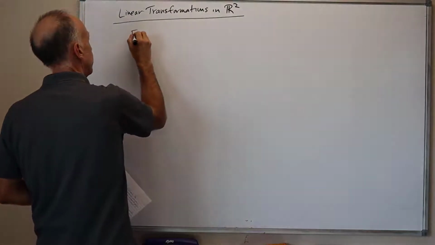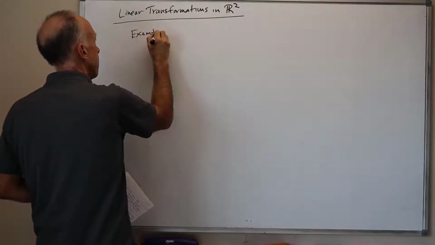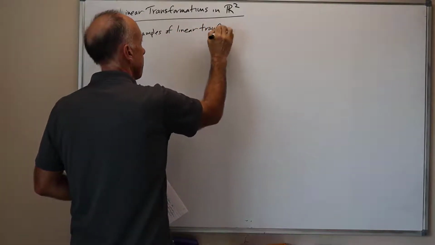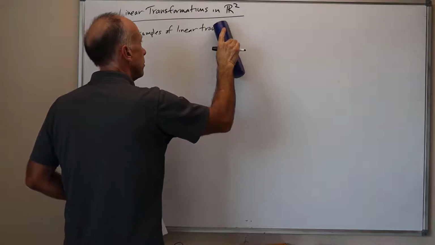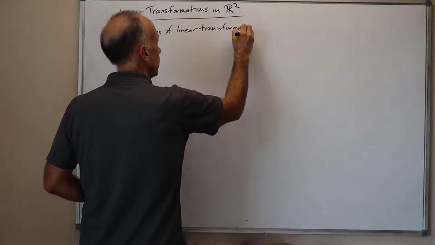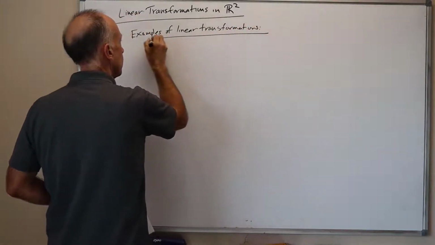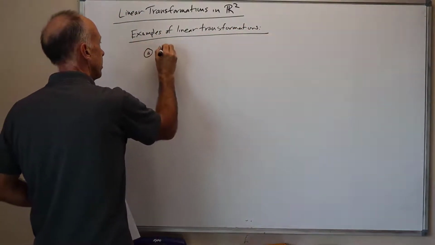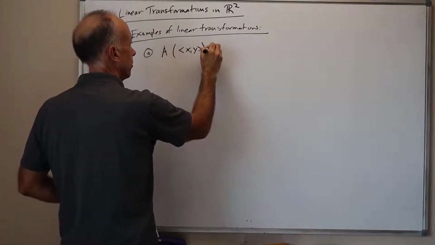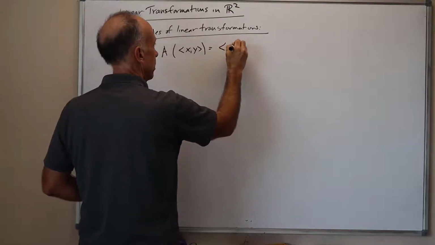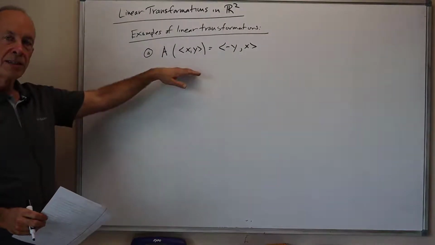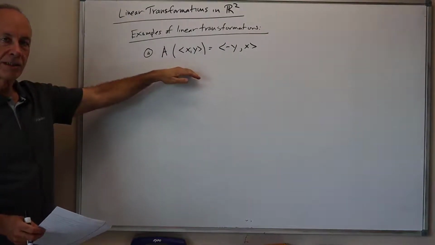So for examples of linear transformations, the first one is, let's let A map a tuple xy, the point xy, to the point minus y, x. So it's easy to check, go back to the conditions for linear, that this is a linear transformation.